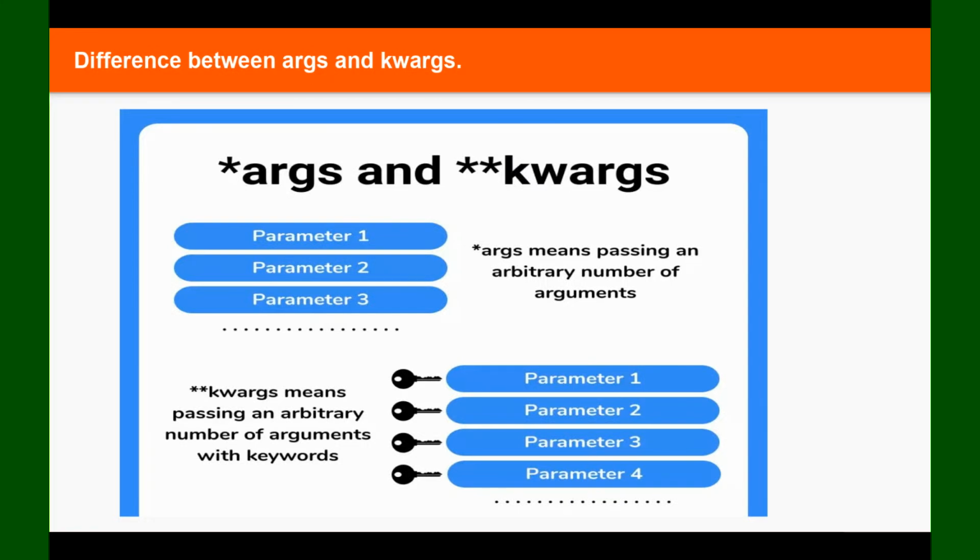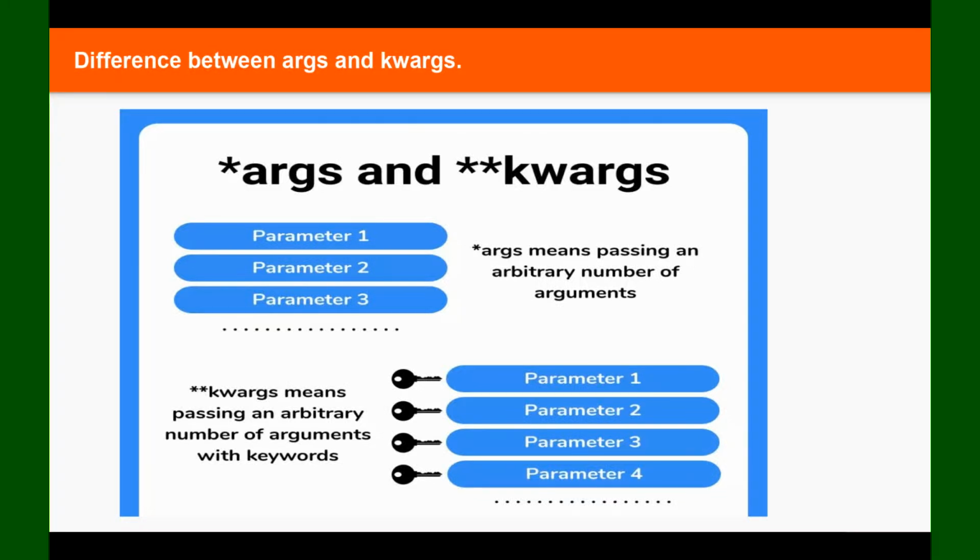Next question. What is the difference between *args and **kwargs? *args means passing an arbitrary number of arguments. **kwargs means passing an arbitrary number of arguments with keywords. The *args is a tuple data type and **kwargs is a dictionary data type.